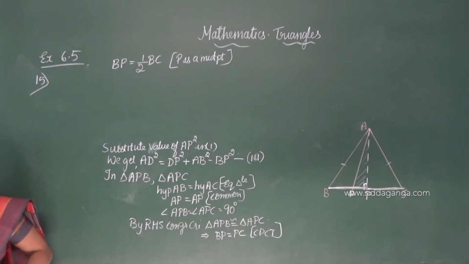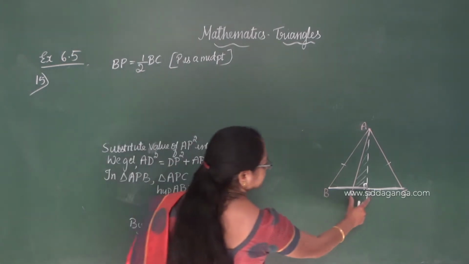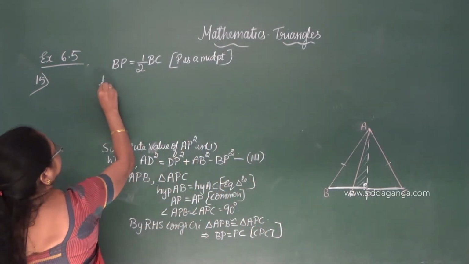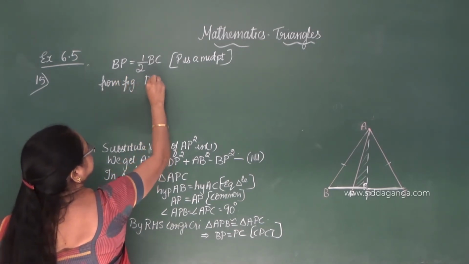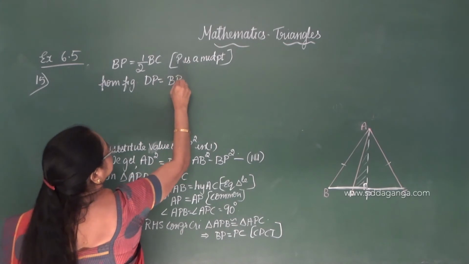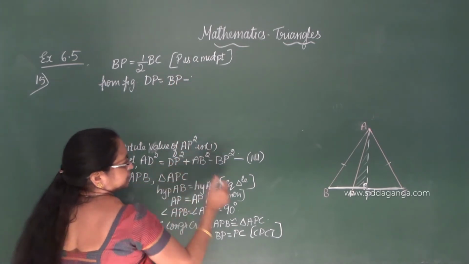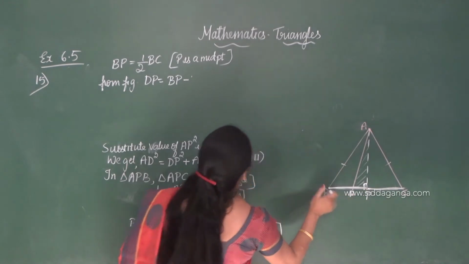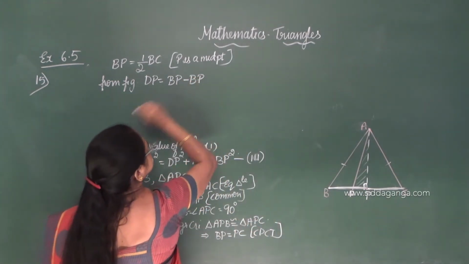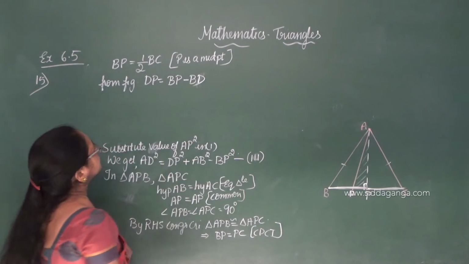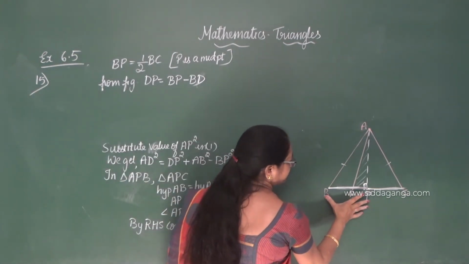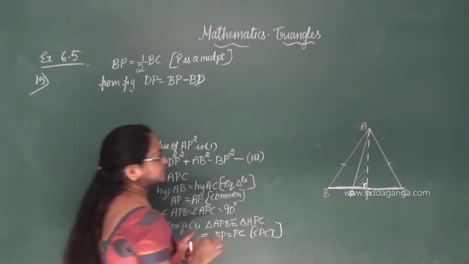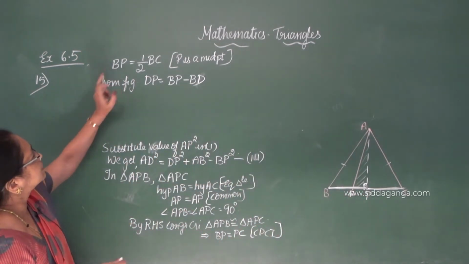Now we can substitute that. Before that, from the figure, DP is equal to BP minus BD. Please check from the figure: if I want DP, I have to subtract BD from BP.